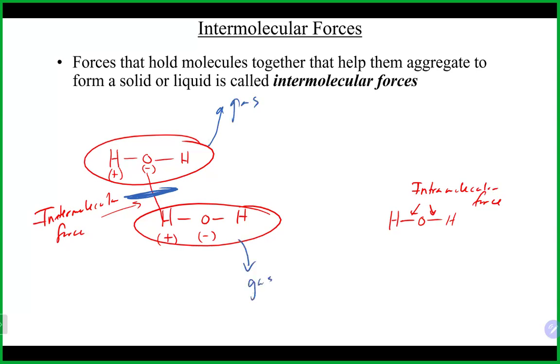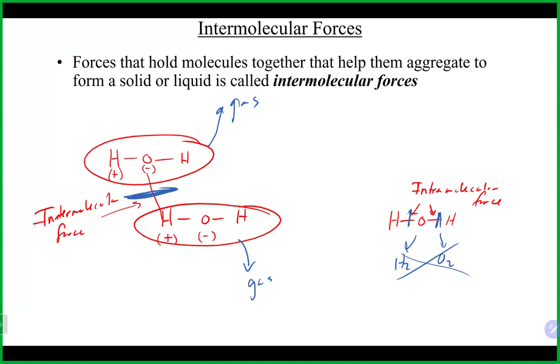We know the intramolecular forces do not break apart, because if they broke apart first, we would be breaking these bonds, which means we would be making hydrogen gas and oxygen gas. And that doesn't happen when you boil water to make dinner. That would not be so good. So intermolecular forces are always much weaker than any intramolecular force you come across.